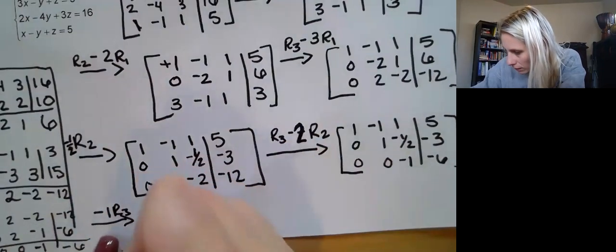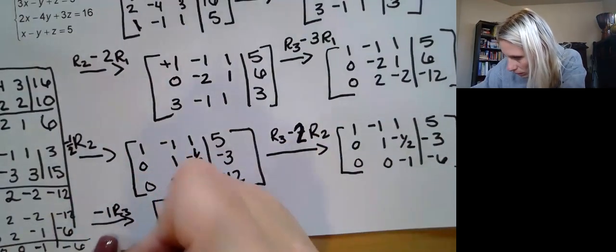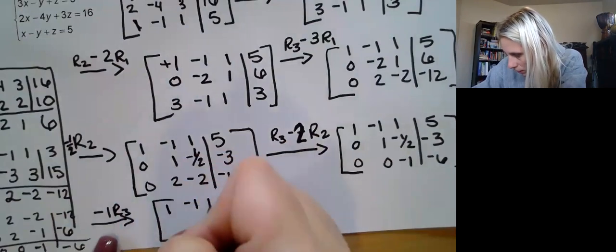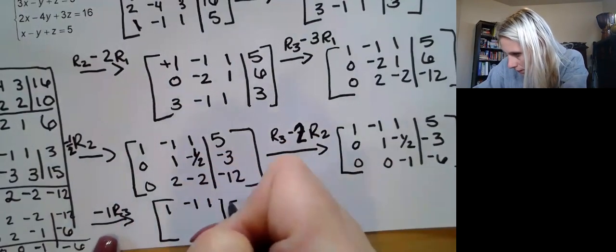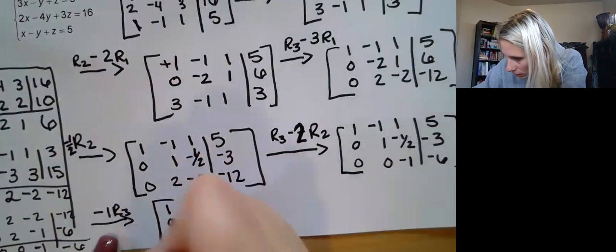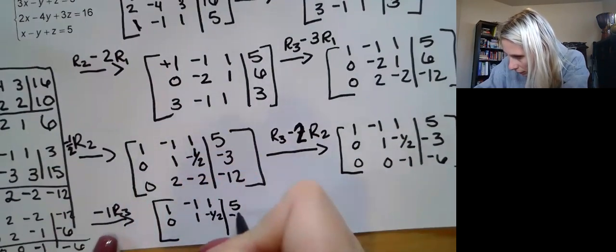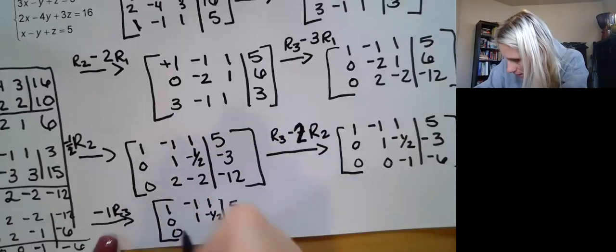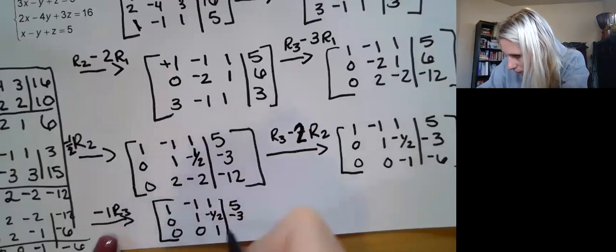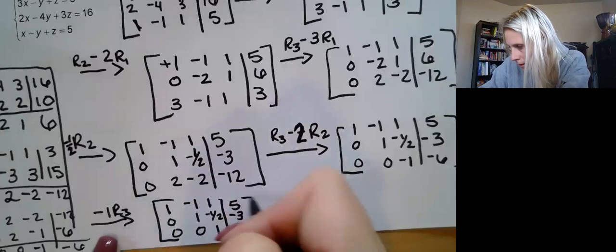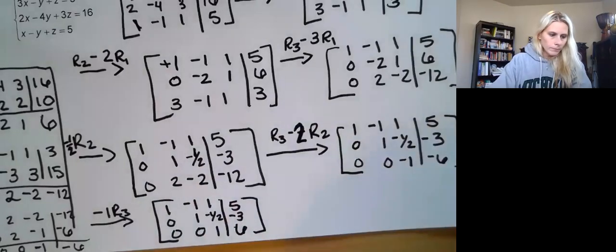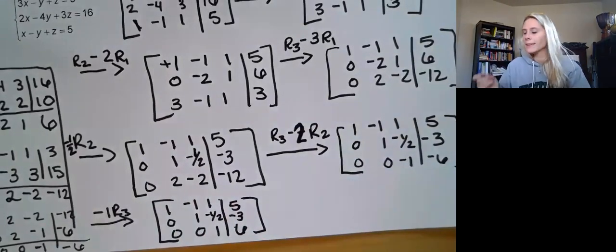So our final matrix is 1, -1, 1, 5, 0, 1, -1/2, -3, 0, 0, 1, 6. Awesome. So what does that mean?